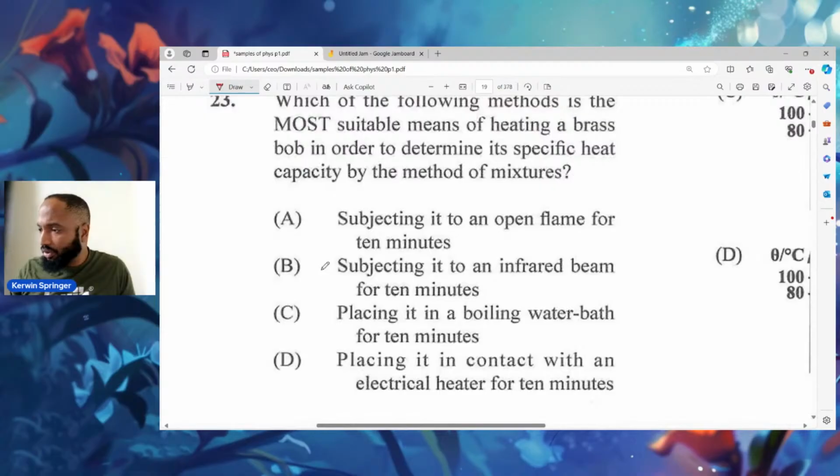B is the answer. Which of the following methods is the most suitable means of heating a brass bulb in order to determine its specific heat capacity? By method of mixtures, subjecting it to an open flame for 10 minutes, subjecting it to an infrared beam for 10 minutes, placing it in a boiling water bath for 10 minutes, placing it in contact with an electric heater for 10 minutes.